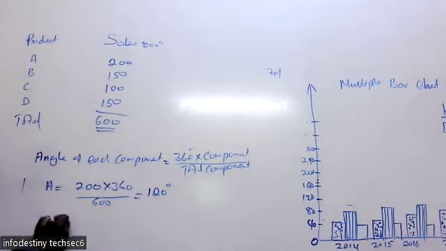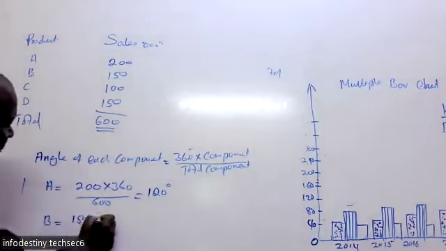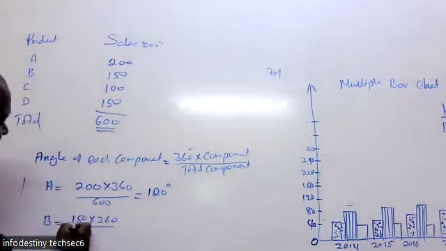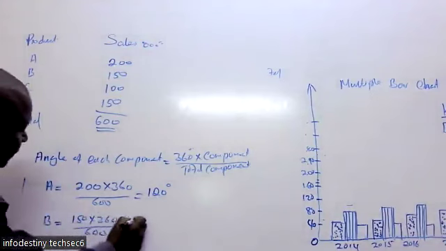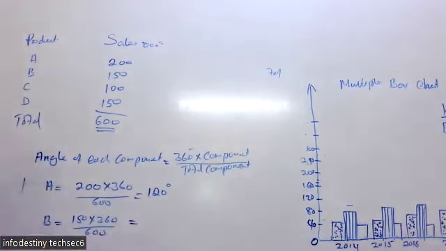B will be equal to 150 multiplied by 360 divided by 600, which is 90 degrees.